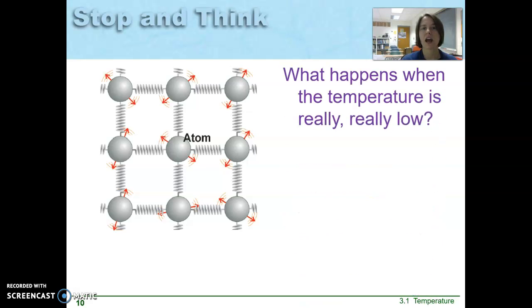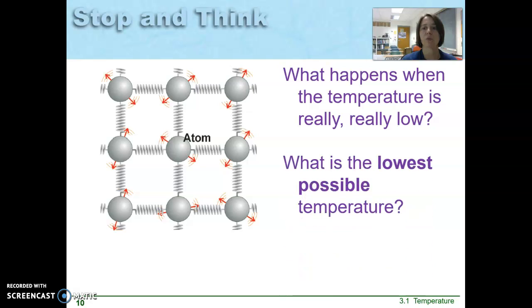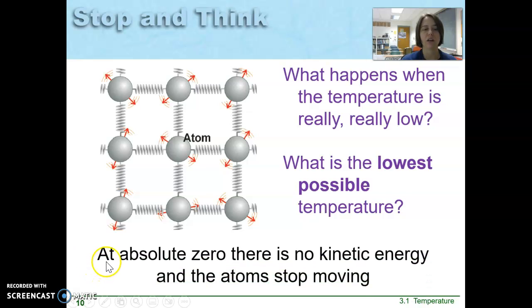Looking again at the movement of atoms, what would happen if the temperature was really, really low, and what is the lowest possible temperature? Please write this down. At absolute zero, there is no kinetic energy and the atoms stop moving. Absolute zero is the lowest possible temperature. It's theoretical. We've gotten really, really close to absolute zero, but not exactly.